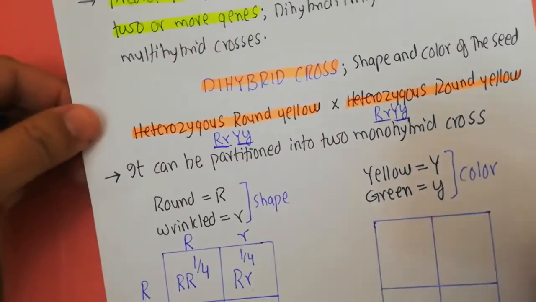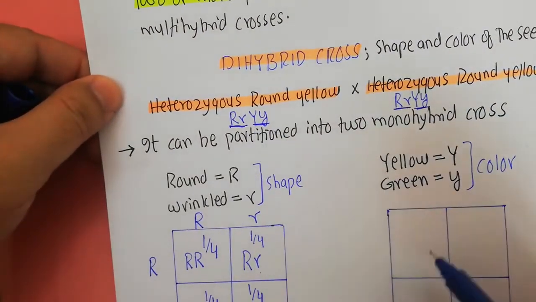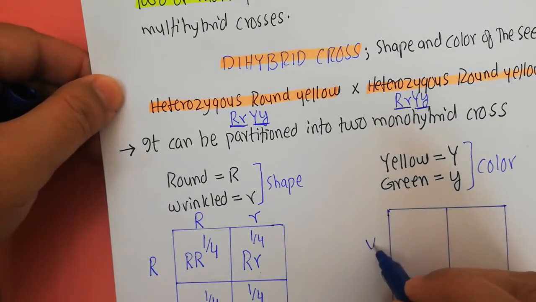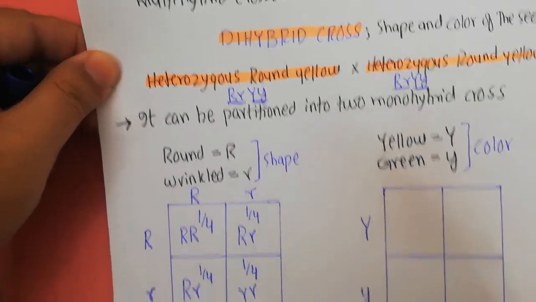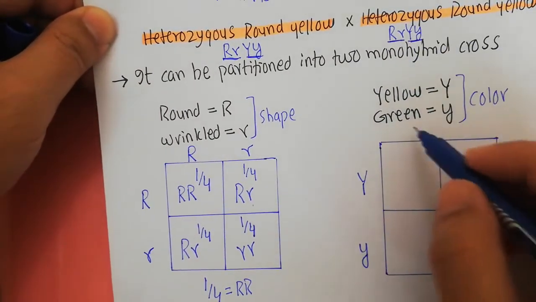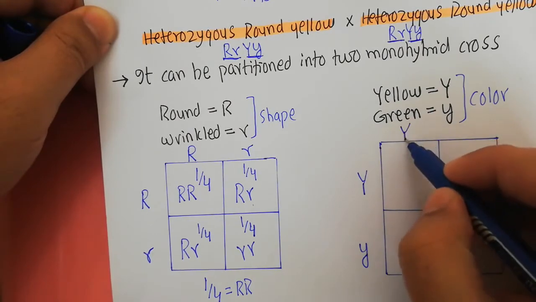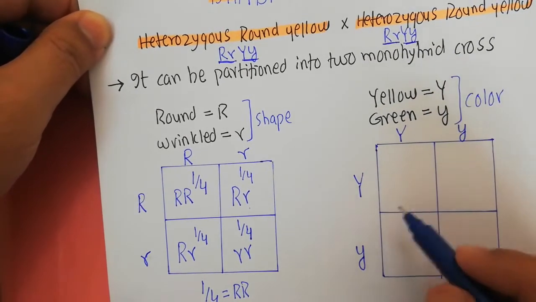If you talk about the color of the seed, again, this particular parent can have gametes with the capital Y and gametes with the small y. Again, this second parent can have gametes with the capital Y and gametes with the small y. Now you have to cross them.